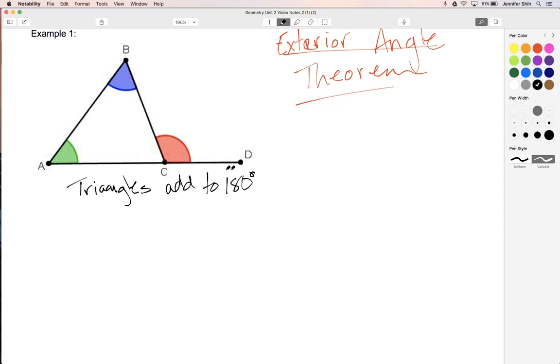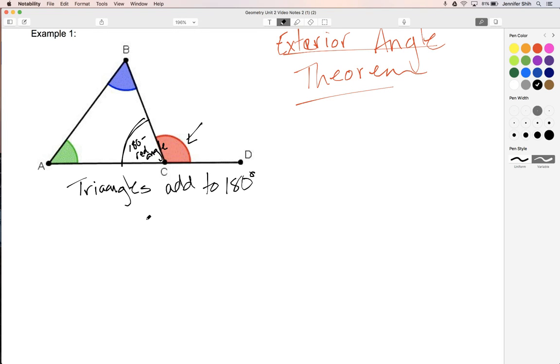All the angles on the inside add to 180. So this angle here is actually 180 minus the red angle.